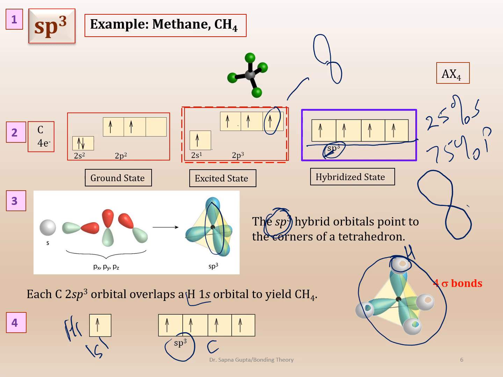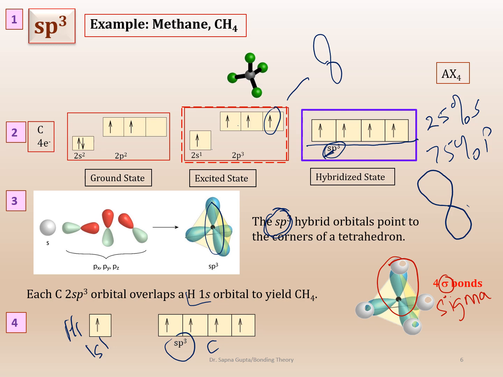One last thing to mention before I go on, actually 2 last things. Number 1: the new bond that you're forming here is called a sigma bond. A sigma bond is a hybridized bond. A sigma bond is also a single bond.